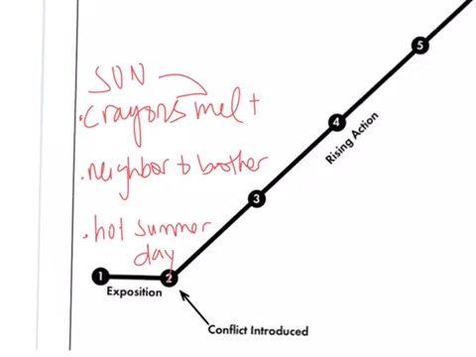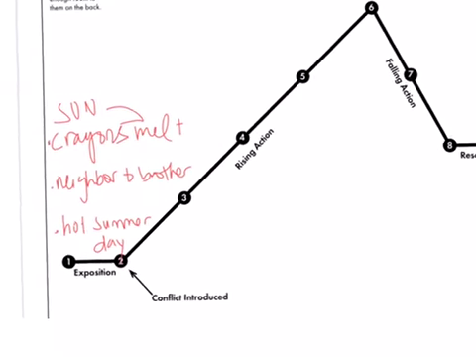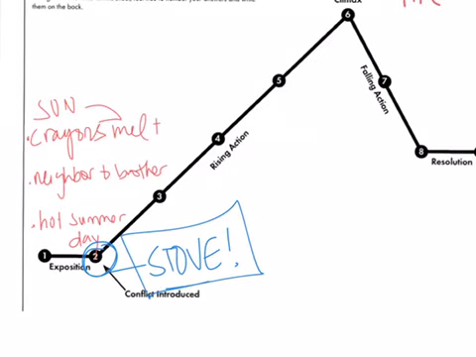So, that's our exposition. That's the lay of the land in that story. Okay? So, the conflict that's introduced, our brilliant writer said, oh my goodness, if the sun can melt the crayons, I bet the stove could. So that whole idea, let's take it to the stove.